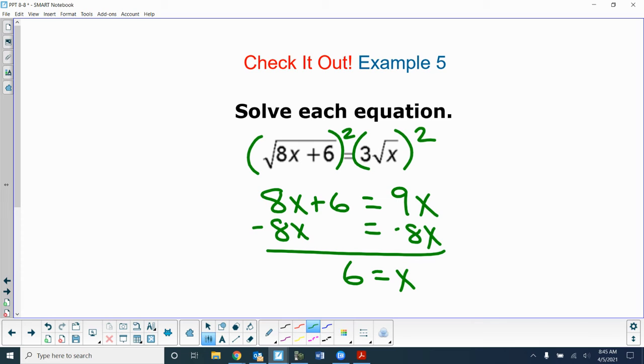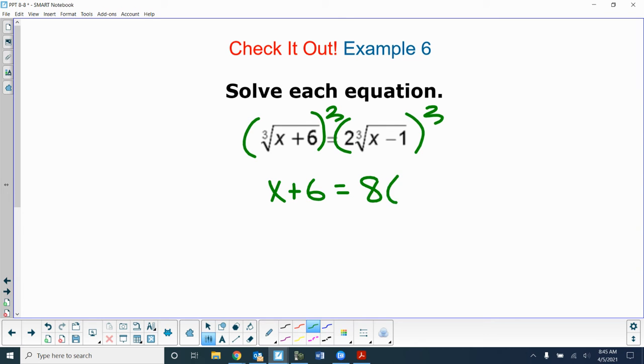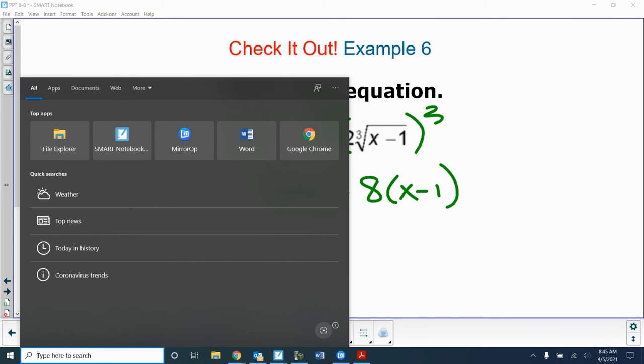So far, so good? That wasn't too bad. But I think they're going to throw a plus or minus sign between the 3 and the radical on us. All right, what would I do to both sides here? Cube. All right, so what's the left? x plus 6. What's the right? 8. Good. Because 2 times 2 times 2 is 8, right?